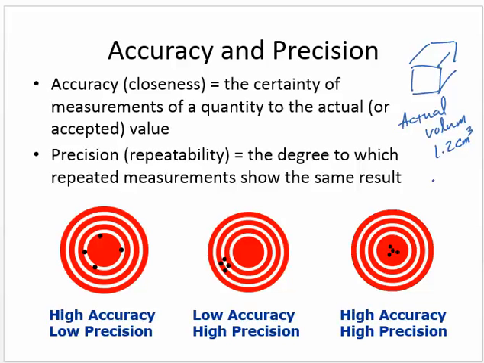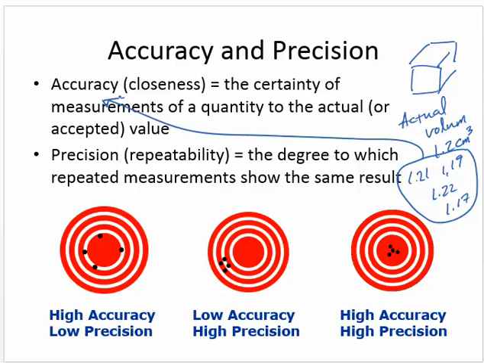Several people measure it, and one person gets 1.21, another gets 1.19, another gets 1.22, and someone else gets 1.17. Well, all of these people are what we would call accurate. Why? Because they are close.